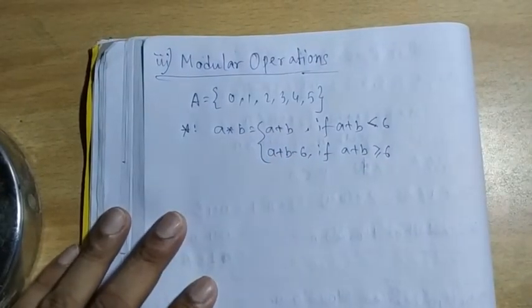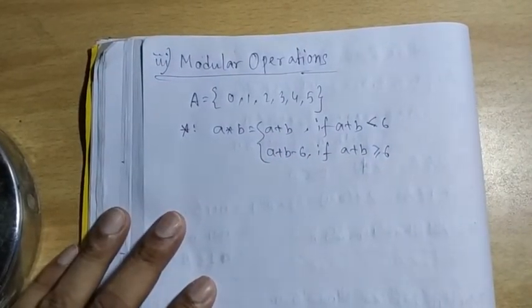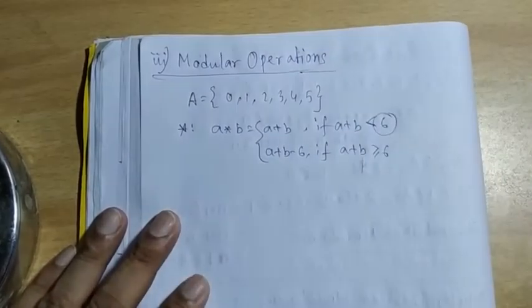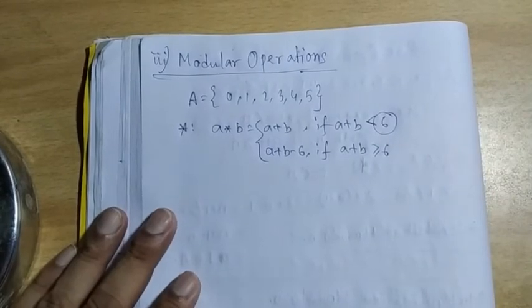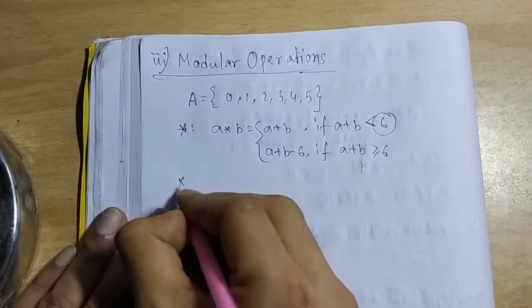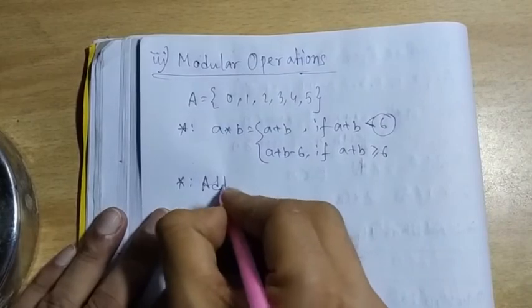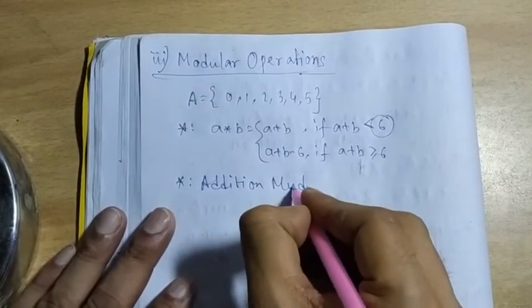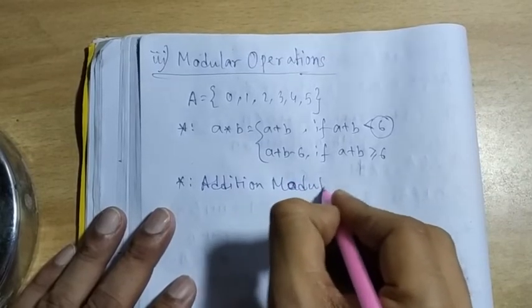So this addition operation is called modular addition or addition modulo 6. This 6 will be used here as the index, so we call it addition modulo 6.